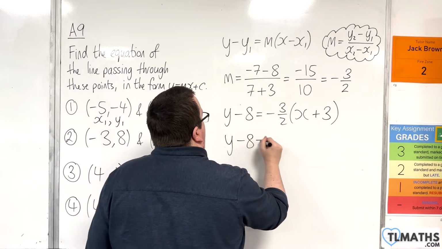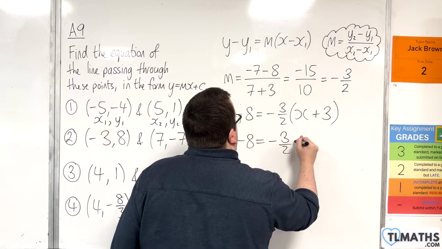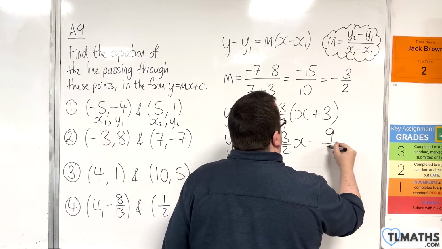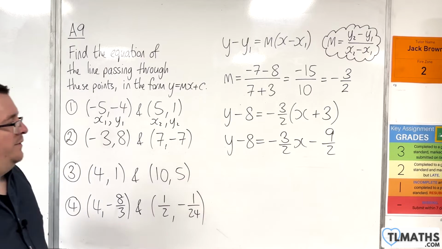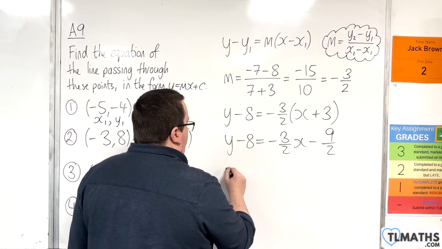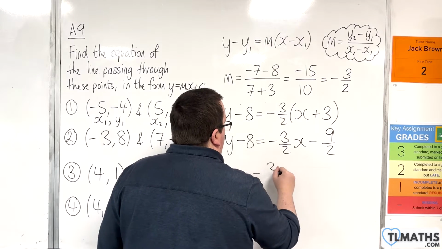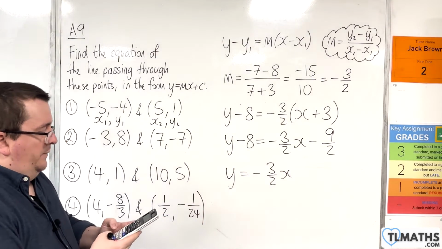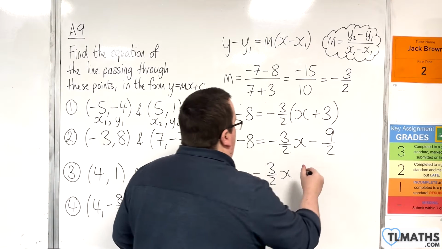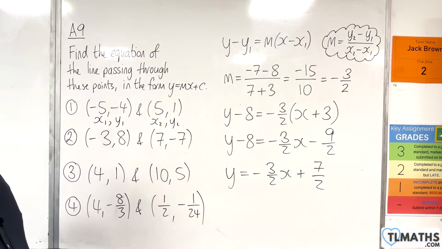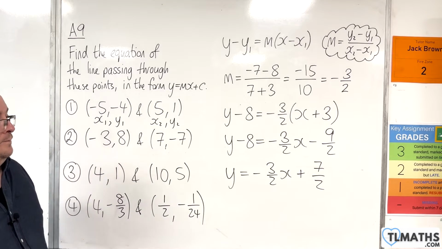Multiply out the bracket, so minus 3/2 x, minus 3/2 times 3 is minus 9/2. Again, use the calculator for whatever you need to. And then we need to add 8 to both sides. So y is equal to minus 3/2 x, minus 9/2 plus 8 is 7/2. So that's the equation for number 2.